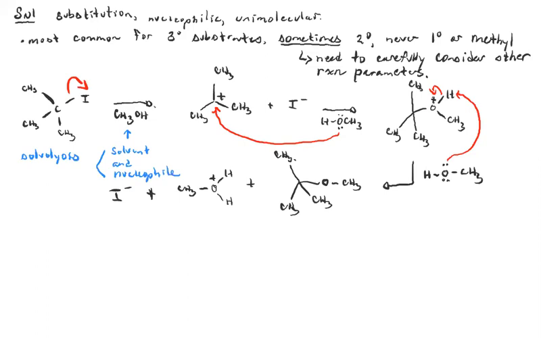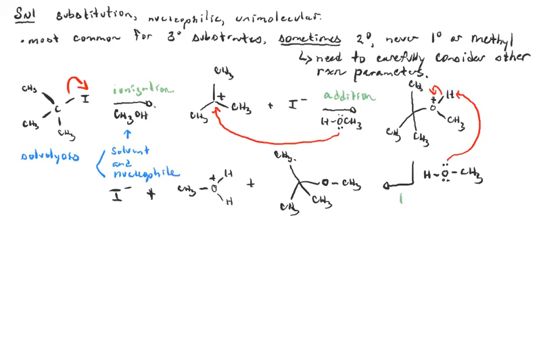Okay. So just to reiterate, SN2 was a one step reaction, right? In the SN1, there's actually three. So the first step is ionization. The second step is, we can say, addition.